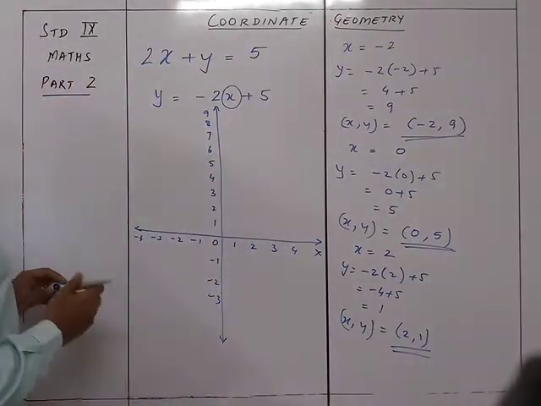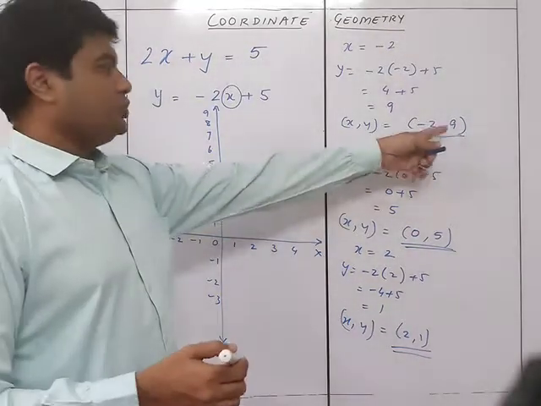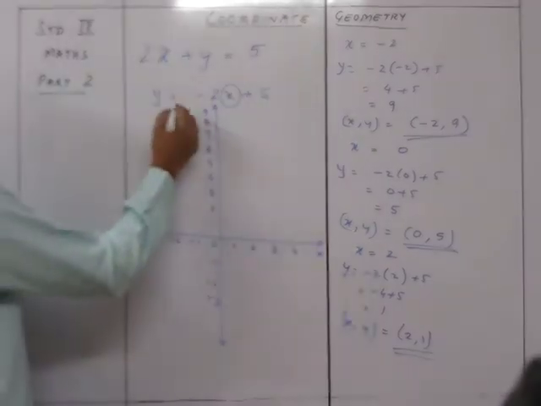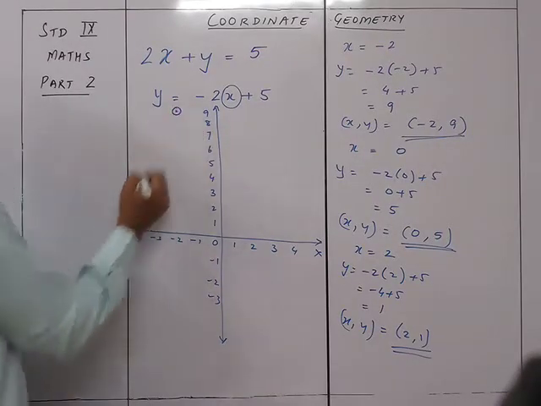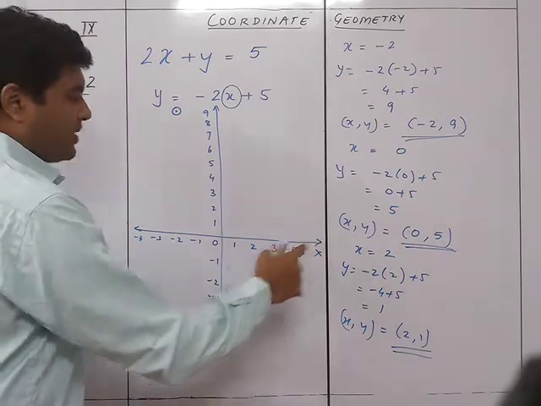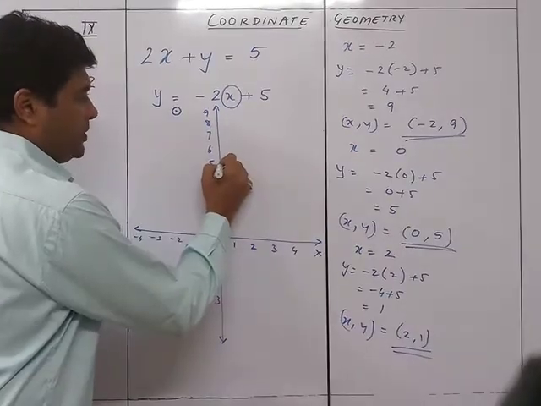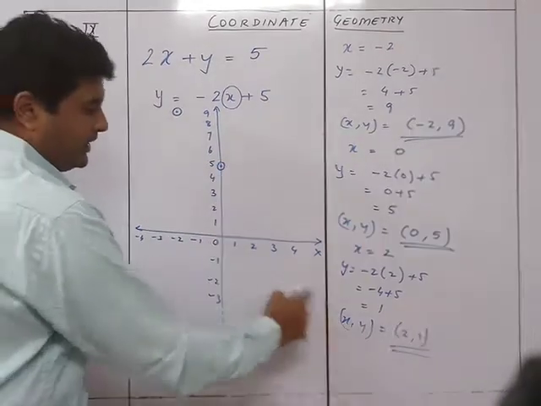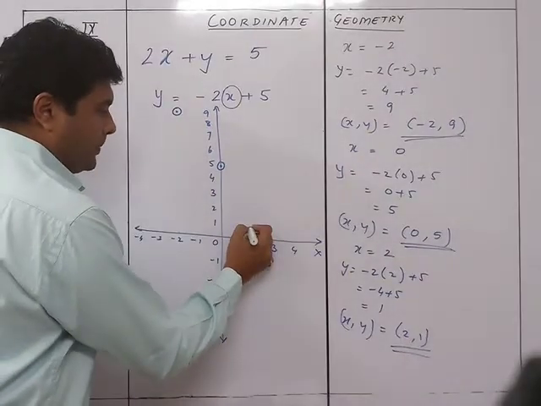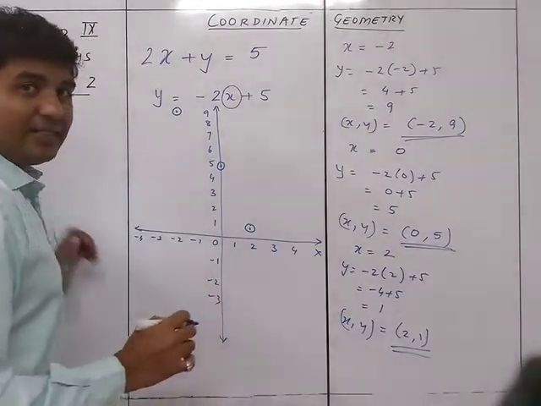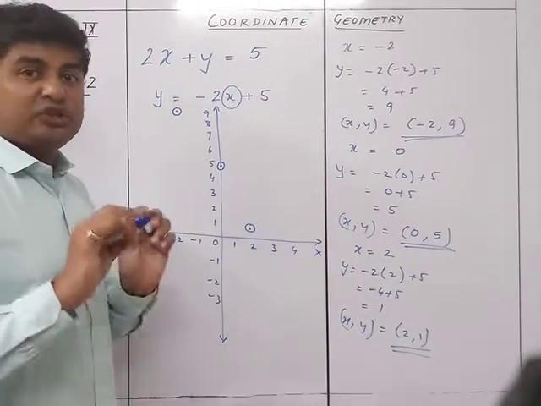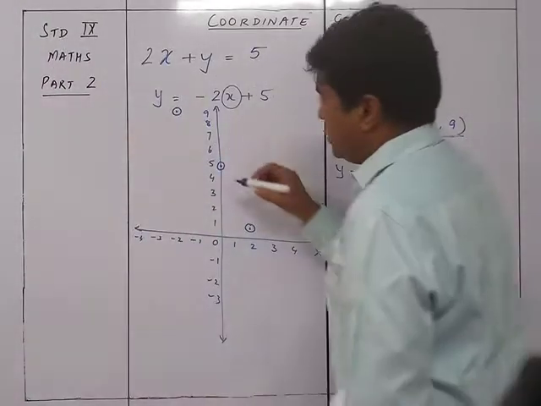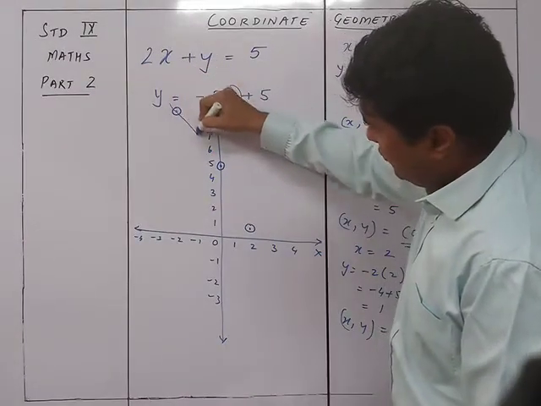You can take the first point, minus 2, 9, which will be over here. The next is 0, 5, which will be over here. And the third point is 2, 1, which will be over here. You will find that for sure you will be able to draw a straight line from here.